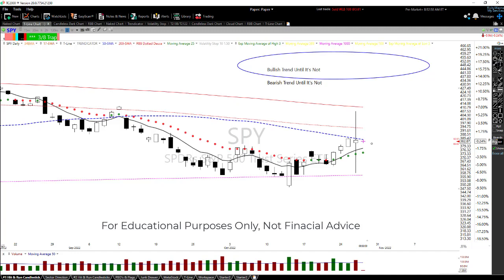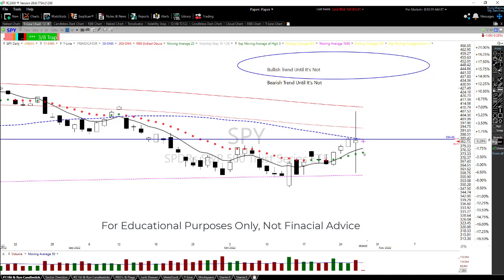Number one, convince yourself you should never be a top picker or bottom picker. I think that's a good rule to have. Number two, a simple analysis. Above the 50-period moving average suggests that the bulls are still going to continue to be bullish.